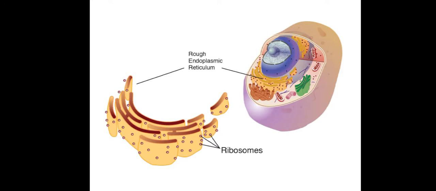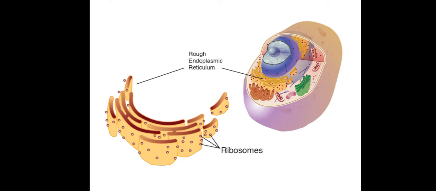So we can say that smooth endoplasmic reticulum helps in membrane biogenesis. What is membrane biogenesis? The formation of the membrane using the lipids formed by smooth endoplasmic reticulum.